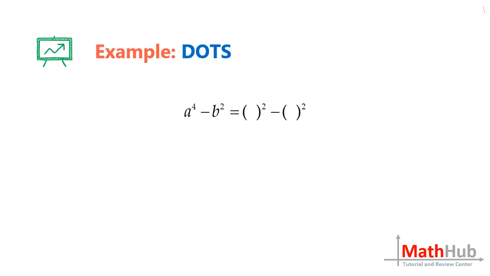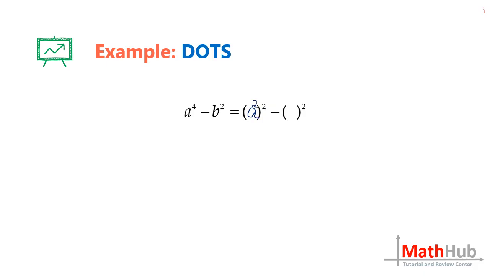For instance, we have A to the fourth minus B squared. So first, write it as something squared minus something squared. A to the fourth is the square of what number? That is the square of A squared.